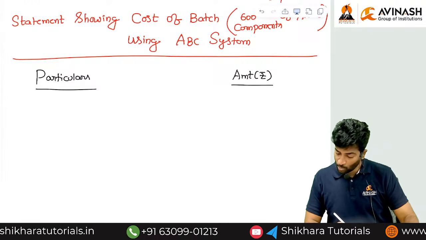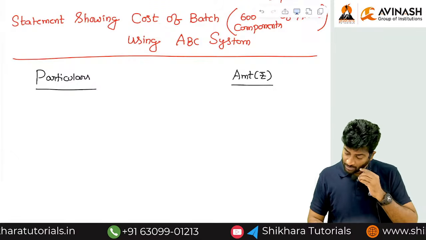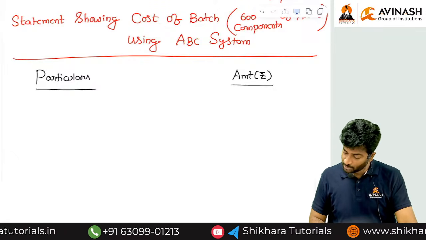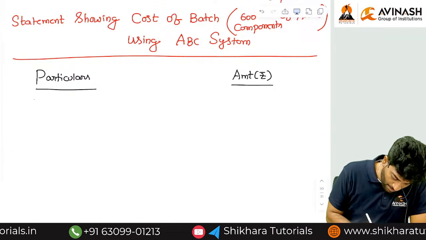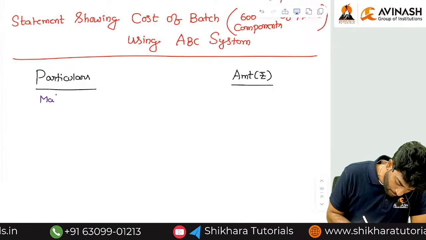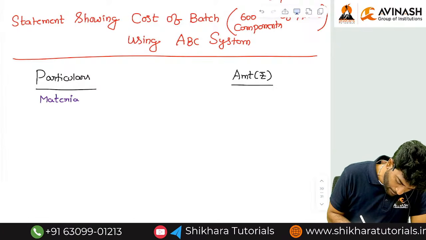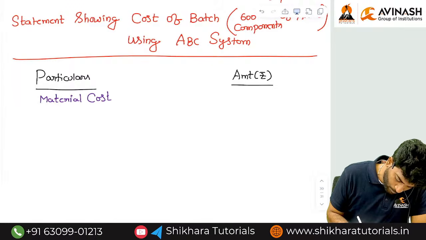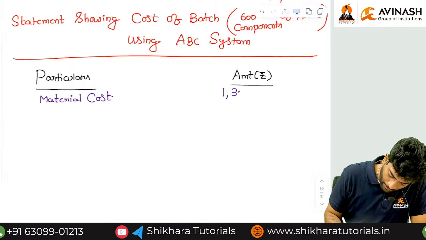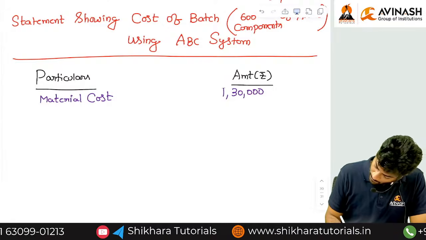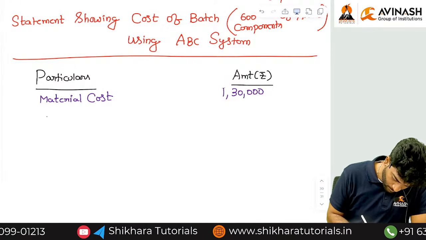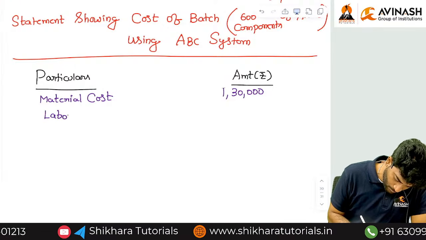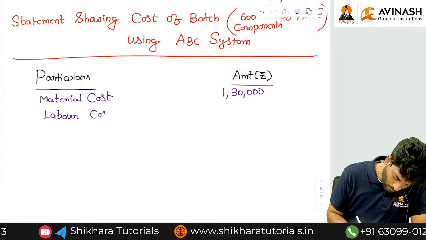For the 2600 batch of components, cost is 1,30,000. Right?